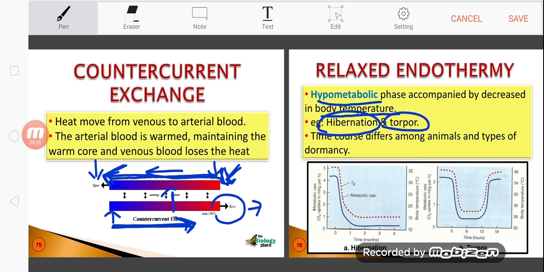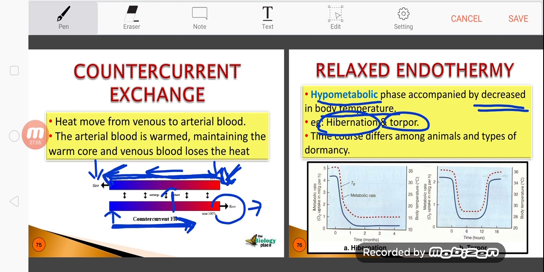What happens during hibernation and torpor is that they stay dormant, very quiet, sort of like sleeping, and during this period of staying quietly or dormant, their body temperature decreases. This helps them with less heat dissipation.